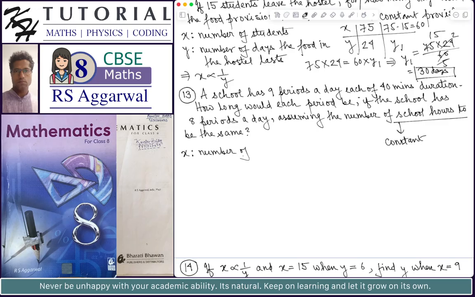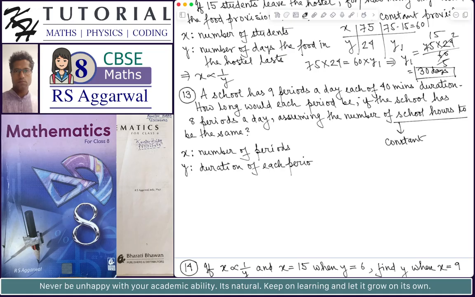this is another good example of inverse variation. The number of periods is x and the quantity y is the duration of each period.